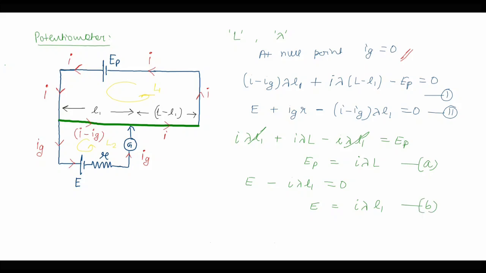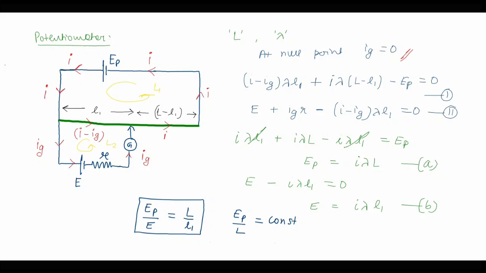If we divide both these equations, we get the working equation of the potentiometer, which is written as EP upon E is equal to capital L upon L1, or EP by L is equal to constant.